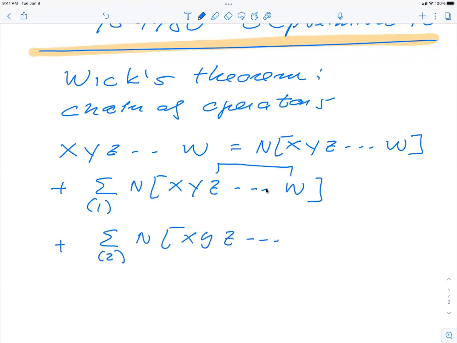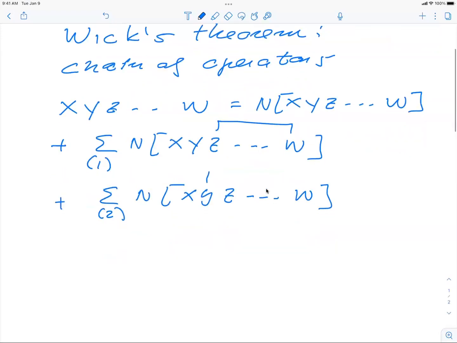And what we saw is that this contribution here, the sum of all possible 2-pair contractions, 1-pair contractions, and so on, when we have performed the contractions, gives us a Kronecker delta, if it's a contraction which gives non-zero. And then we are left with simply a set of operators which get normal ordered, and that means that these expectation values or transition probabilities are automatically 0.